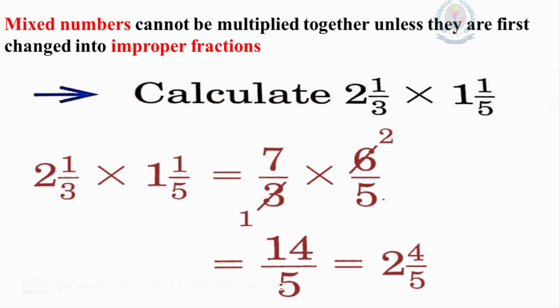To change to an improper fraction, which you have studied in Form 1 also, you have to multiply the denominator with the whole number. After getting the answer, you have to add the numerator. So 2 multiplied by 3 is 6, 6 plus 1 is 7 by 3. 1 multiplied by 5 is 5, 5 plus 1 is 6, so 6 by 5. Now this is the fraction form. 7 by 3 multiplied by 6 by 5. These are the improper fractions.